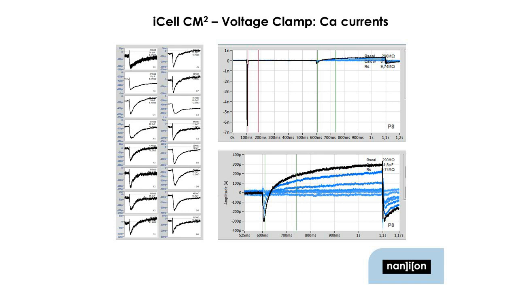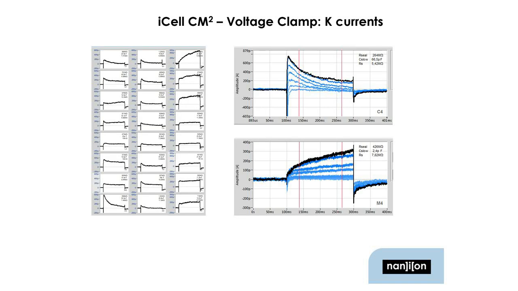And this was all recorded in a 2 millimolar external calcium solution. This is why it's so steep. These are some potassium currents with different kinetics here. This shape and the other shape, and mostly you have a mixture of both of these types here.